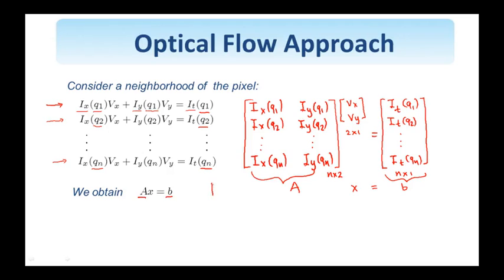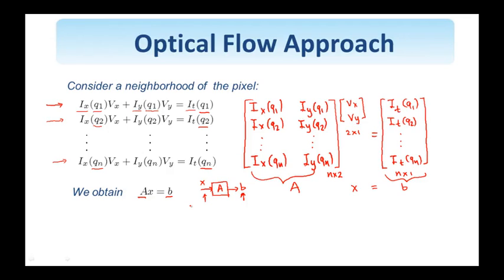It's an inverse problem in the sense that I have a system that is described by A, x is the input, b is the output, and knowing the output, I try to invert the process and go back and find the input. This problem has been studied extensively in the literature, and we will be studying it in quite some detail when we cover image restoration.